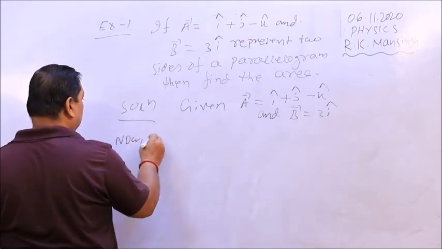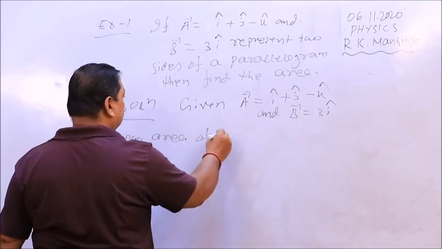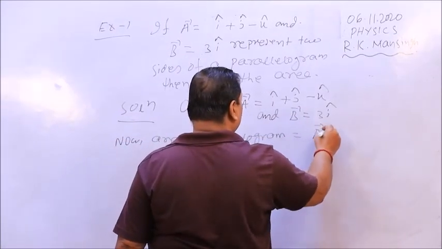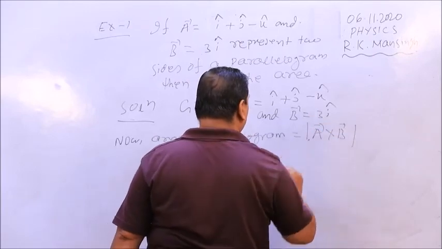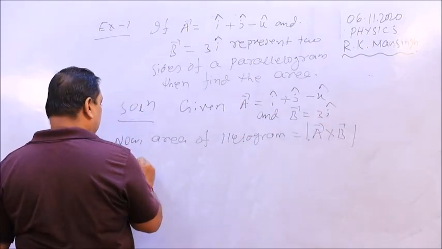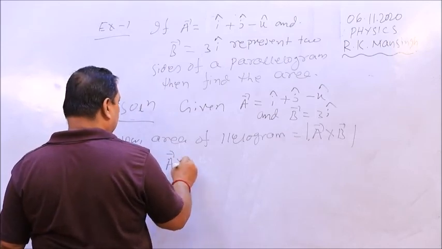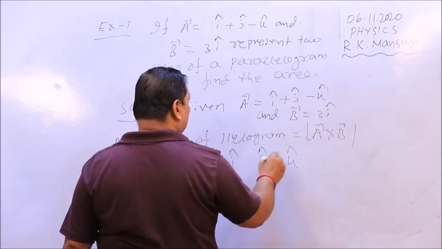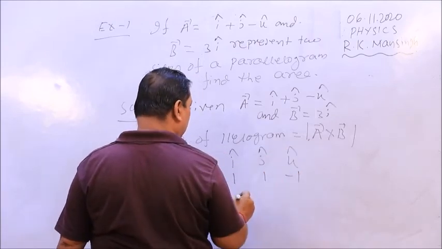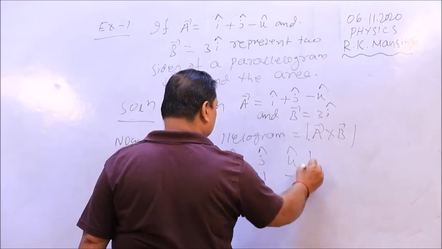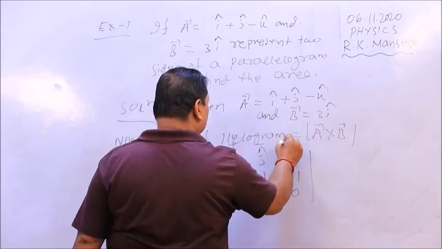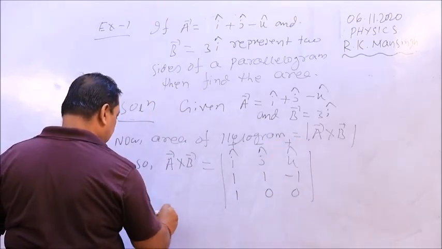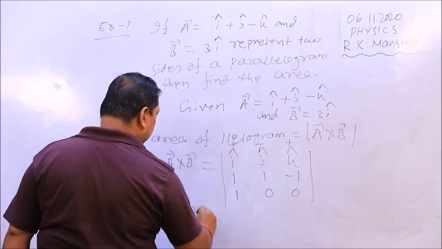Now area of parallelogram equal to modulus A cross B. So A cross B equal to the determinant with rows 1 1 minus 1 and 3 0 0. So you have to find out A cross B first, then we will find out the magnitude.